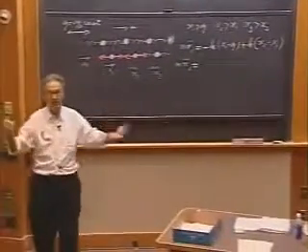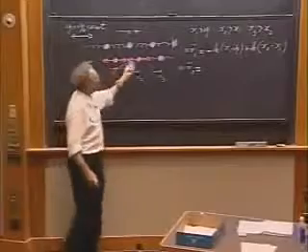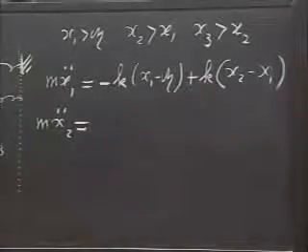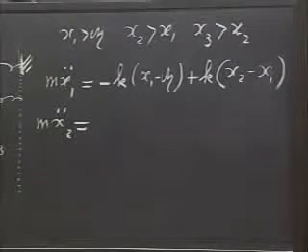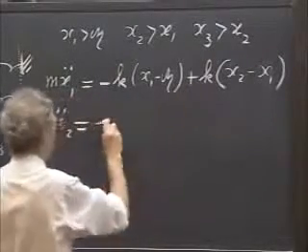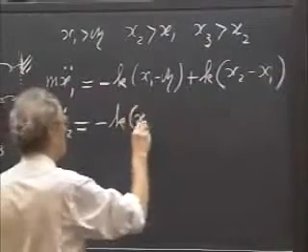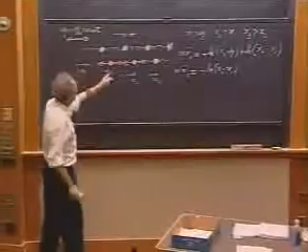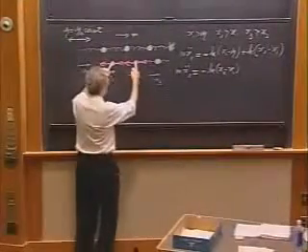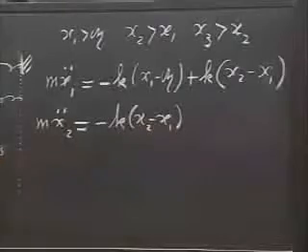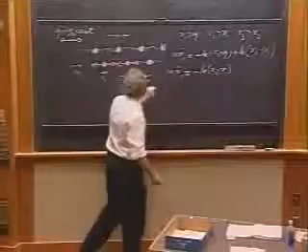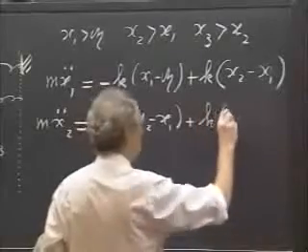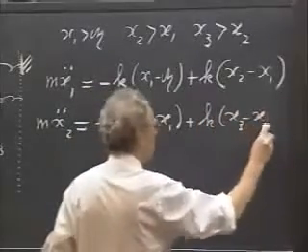Right? Action equals minus reaction. This pull is the same as this pull. So it is going to be this term, which now has a minus sign. You always see that in coupled oscillators. What was a plus here is going to come out here as a minus sign. You see that? Comes out nicely. Because this spring is longer than it wants to be by an amount x2 minus x1, and the force is in the minus direction. And this one is now going to be plus k times x3 minus x2.